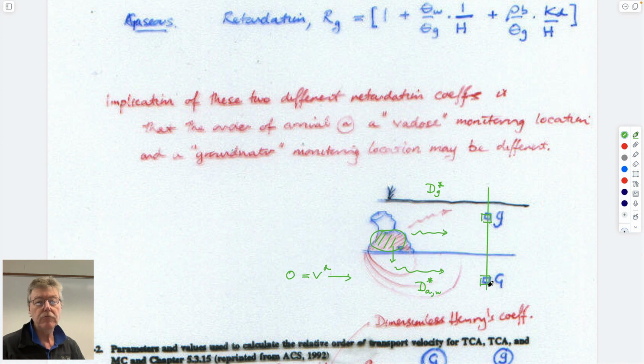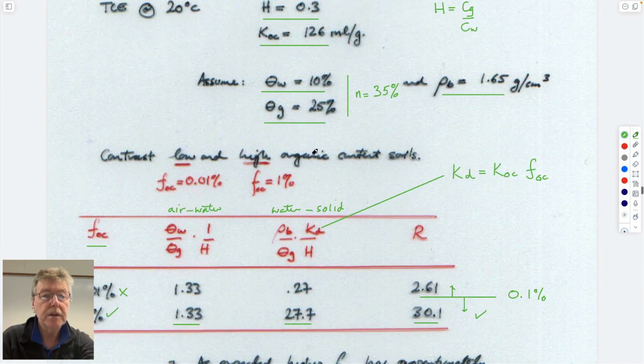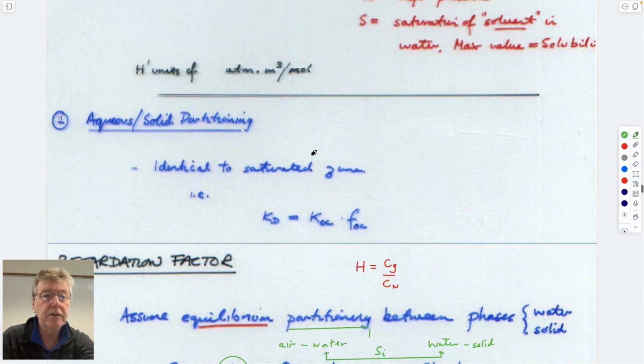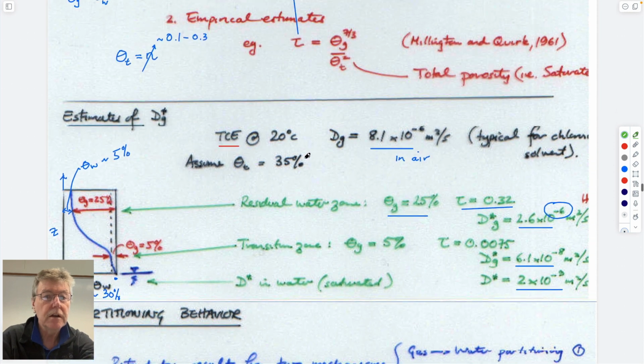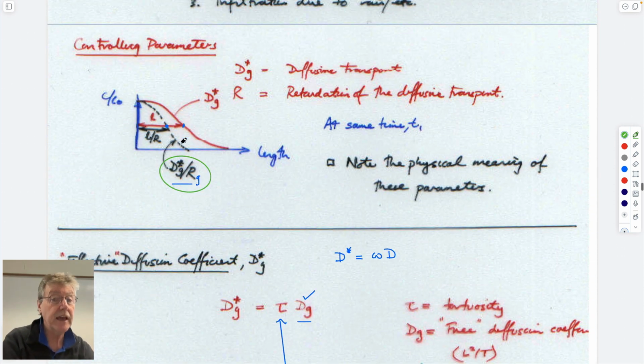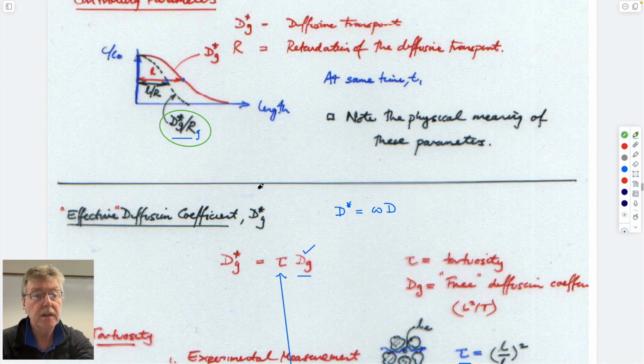And so we can define the sequence in which different contaminants will arrive at these downstream locations based on the magnitudes of the retardation coefficient, because it's controlling this behavior of diffusion in terms of this scaling here. So the larger the retardation coefficient, the more delayed the arrival will be at some downstream location.